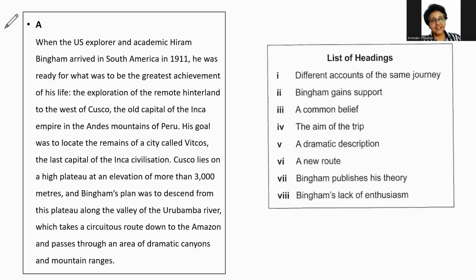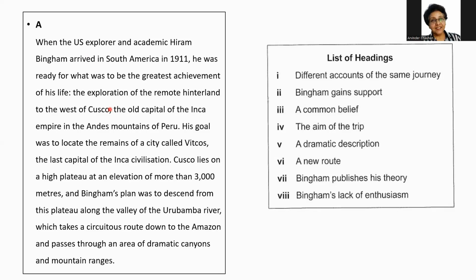Let's go back to this point now. We are at paragraph A, and let's have a very quick look at the paragraph. The list of headings is one question type wherein skimming is not going to help you. In skimming, you just read maybe the first one or two sentences and the last sentence of the paragraph, and that gives you a fair idea about what is in the paragraph.